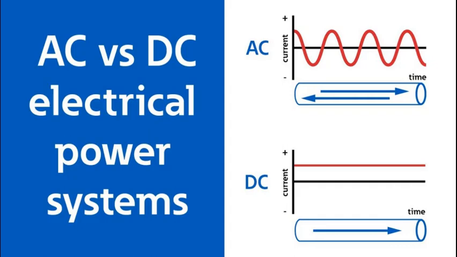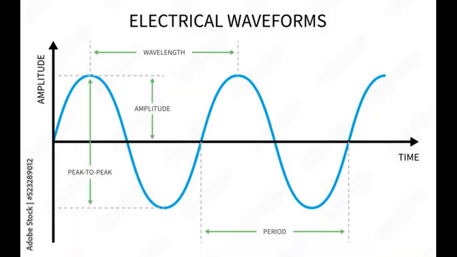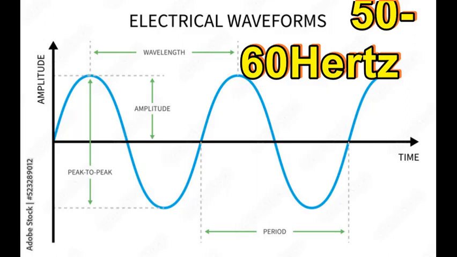An AC current is alternating, as in it's on one side and then it's on the other. That oscillates at what's called a Hertz frequency, which is going to be 50 to 60 Hertz. Generally we try to get it at 60 Hertz. Generally it's not there, but that's what we're shooting for.